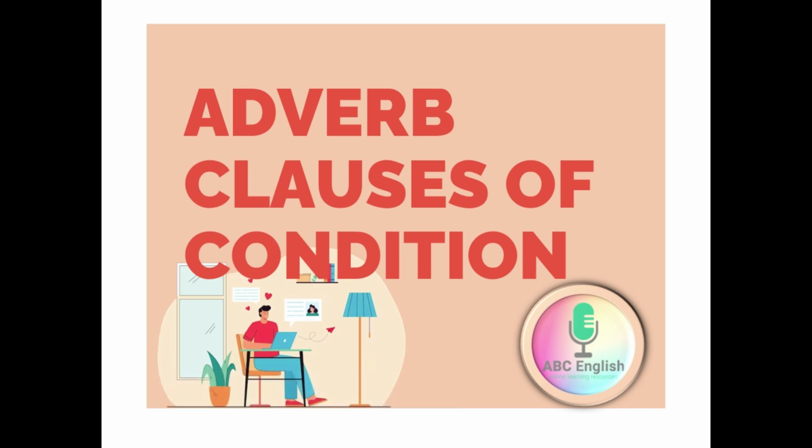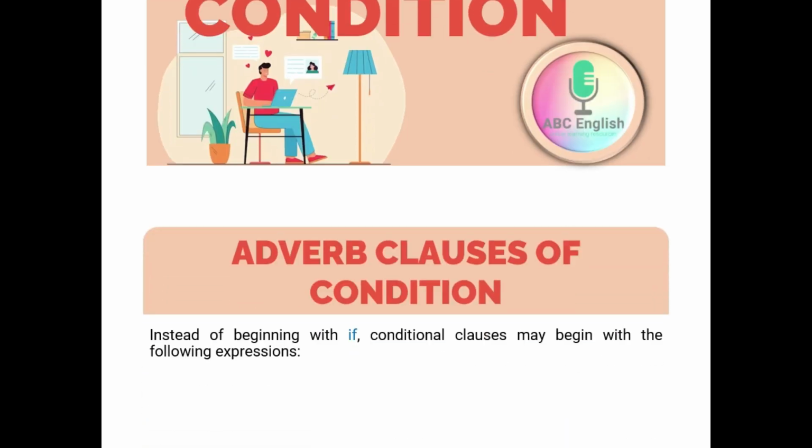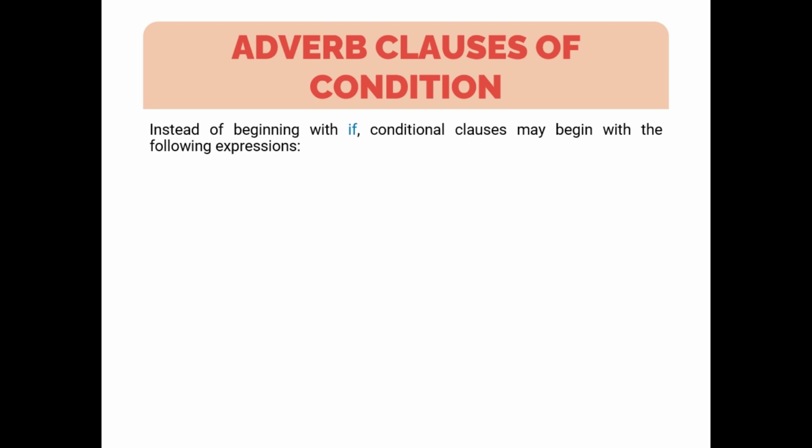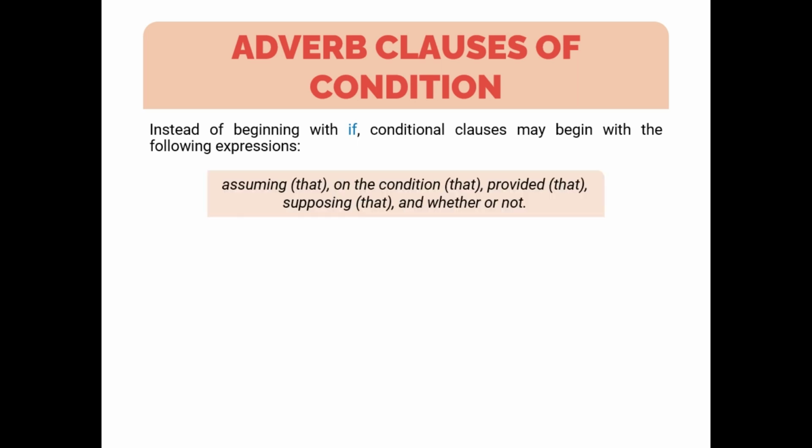Now we're going to start with the second and last topic from Unit 12, adverb clauses of condition. Adverbs can also be used in conditional sentences, meaning that conditional sentences do not necessarily use if all the time. The following expressions can also be used: assuming that, on the condition that, provided that, supposing that, and whether or not.